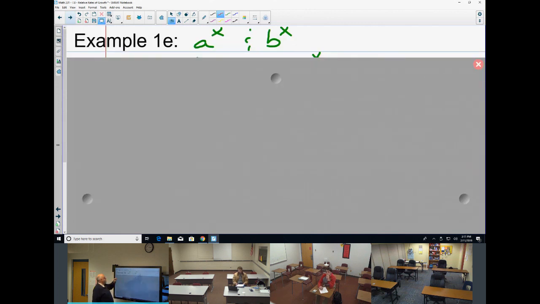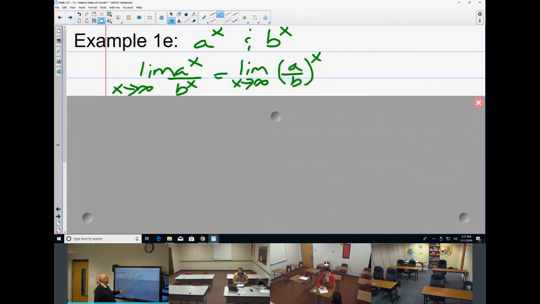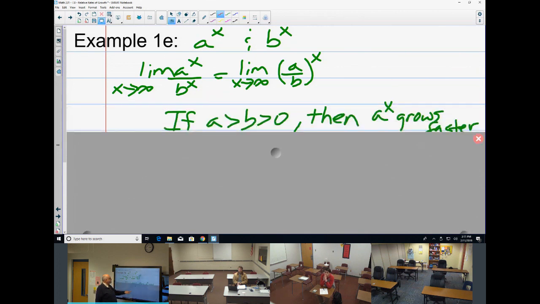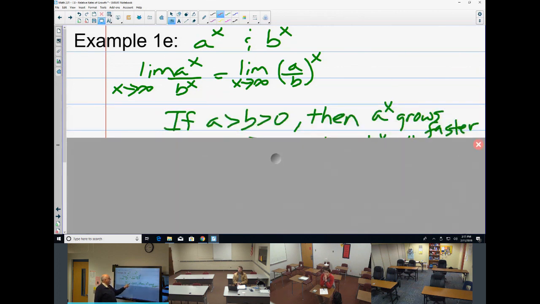So here's the deal again. If I had a to the x and b to the x, I take the limit of a to the x over b to the x, then I regroup them so that they're both raised to the x. Okay? So if a is greater than b is greater than 0, and a is bigger, then this will be bigger than 1.